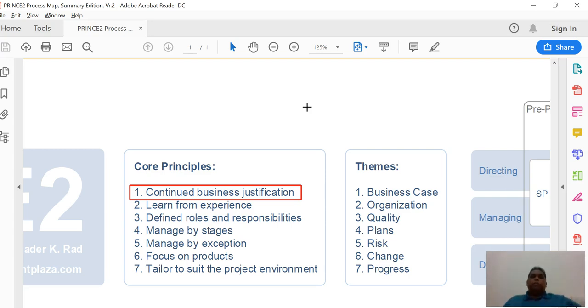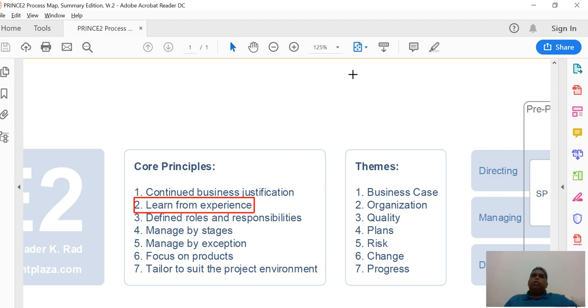The second principle is the principle of learning from experience. As the saying goes, there's nothing new under the sun.